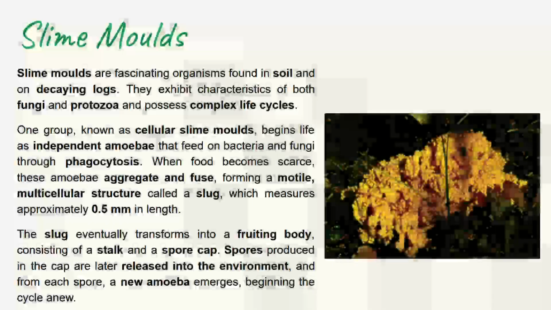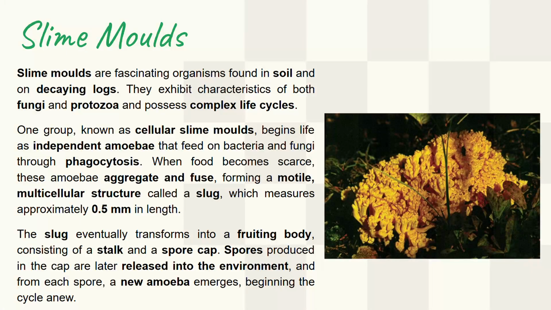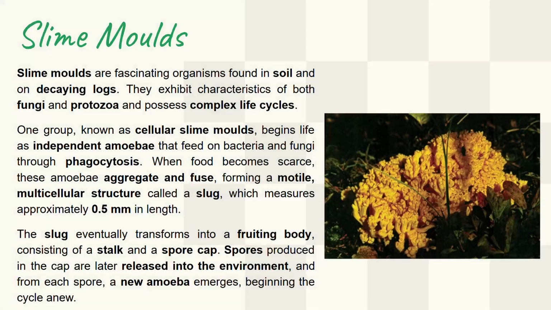Okay, slime molds. Another special type of microorganism. Slime molds are fascinating organisms found in soil and on decaying logs. They exhibit characteristics of both fungi and protozoa. So in lichens, it is a combination of algae and fungi, while in slime molds, it is a combination of fungi and protozoa.